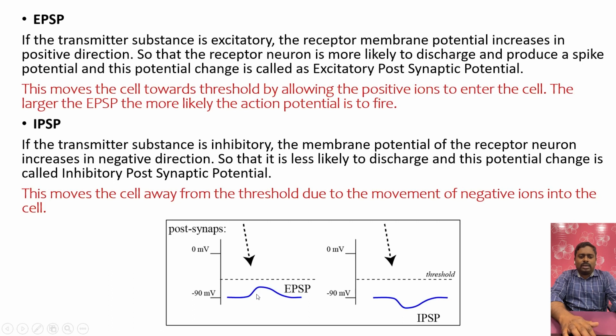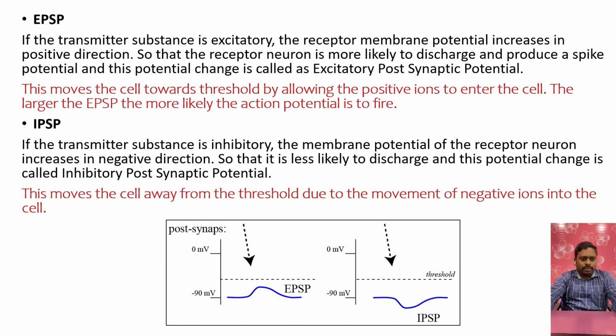See here the EPSP, which is nothing but the receptor membrane potential increasing in the positive direction, so that the receptor neuron is more likely to discharge and produce a spike potential, and this potential change is called excitatory postsynaptic potential. These move the cell towards the threshold by allowing the positive ions to enter the cell. The larger the EPSP, the more likely an action potential is to fire.